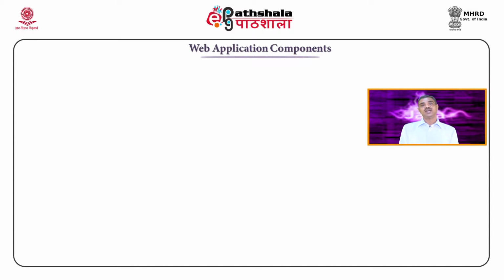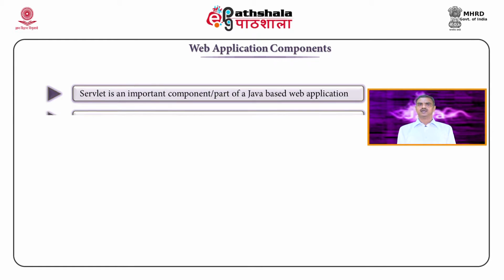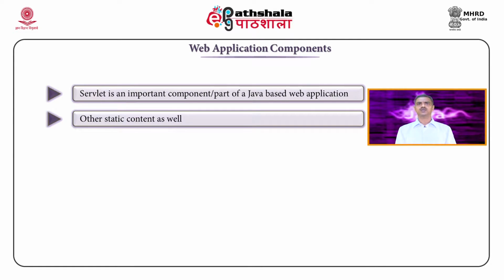With this formalization, the various components of a web application could be specified. The servlet is one of the important components of any Java-based web application, and you could also have other static data content.